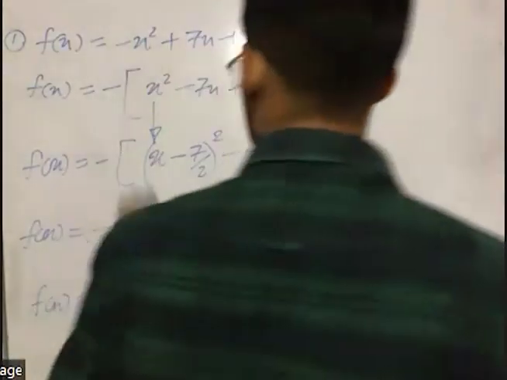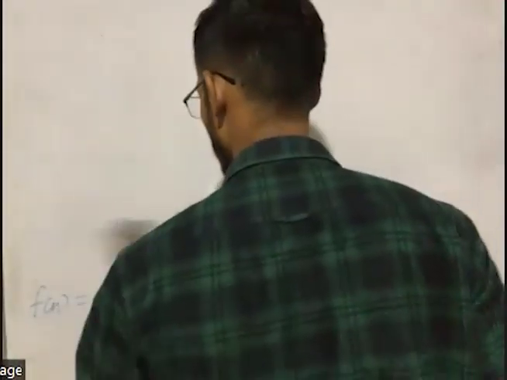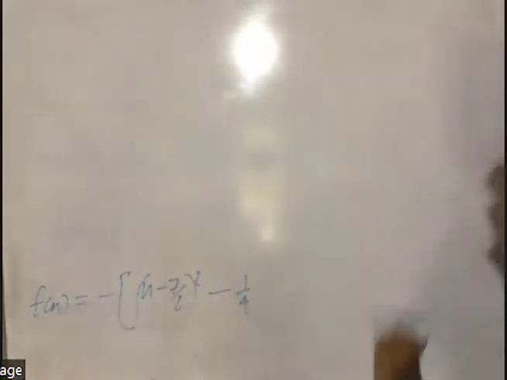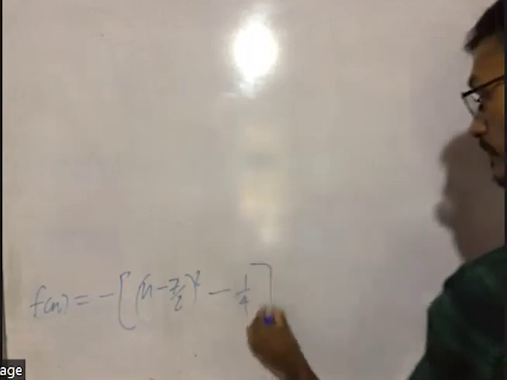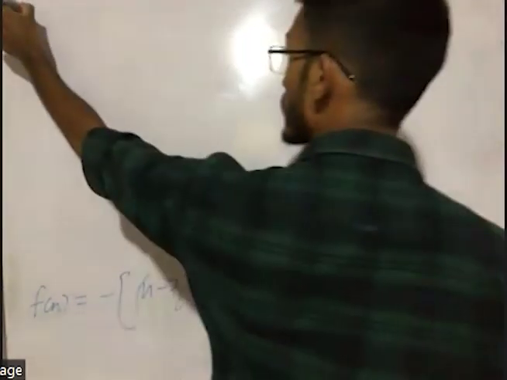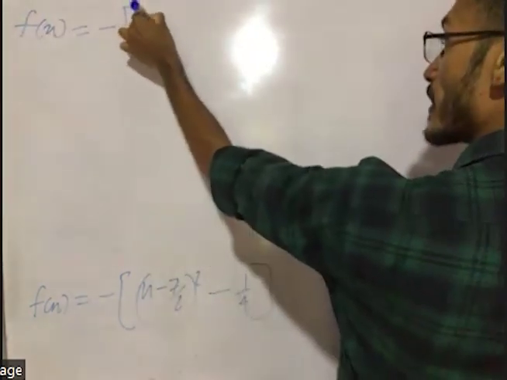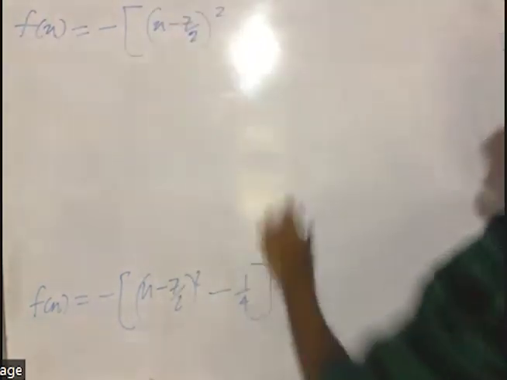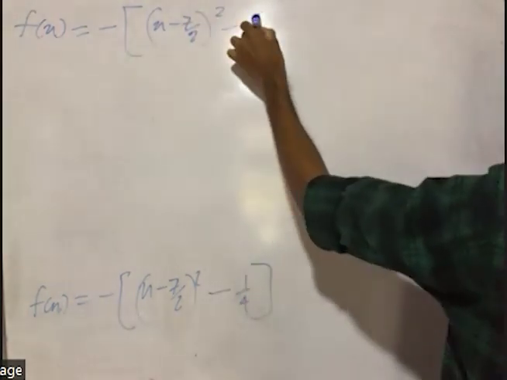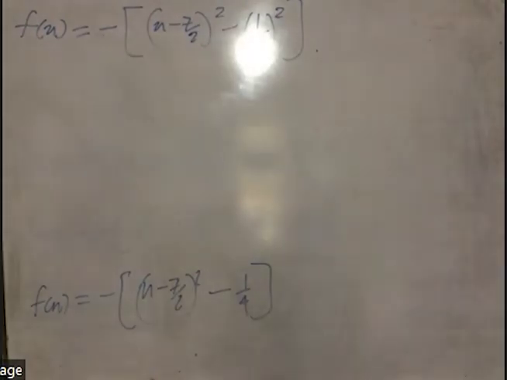Now look at this. Now this one we can write down f(x) equal to minus x minus 7/2 square minus 1/4, we can write down as half to the power 2. Now we have difference of two squares.